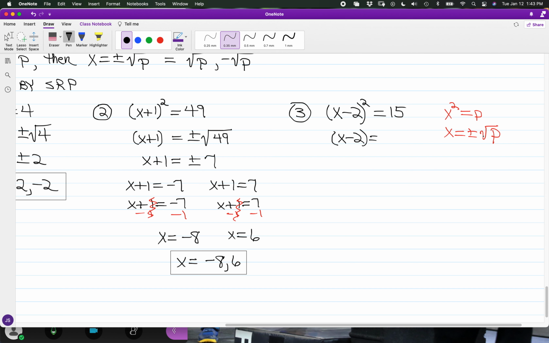And plus or minus the square root of p, this would be plus or minus the square root of 15, and just looking at what we have here.